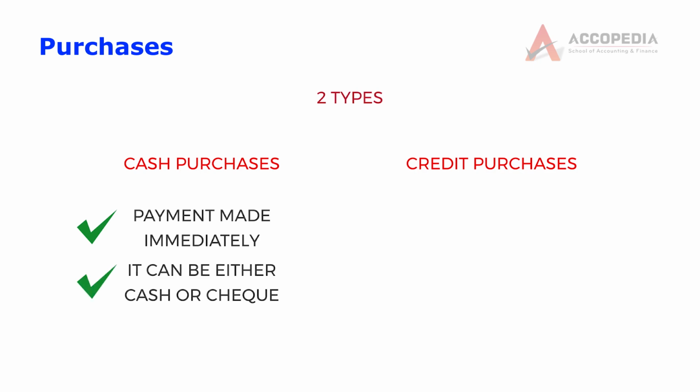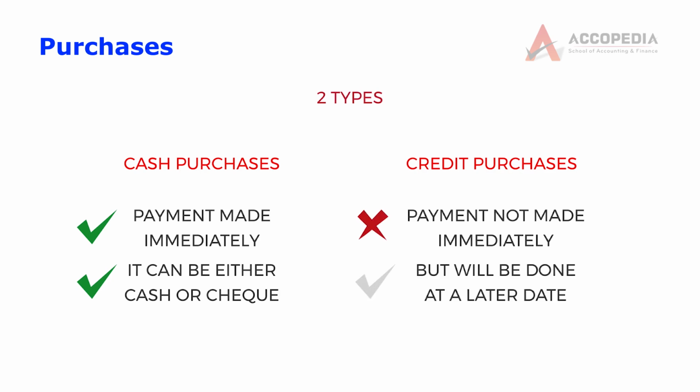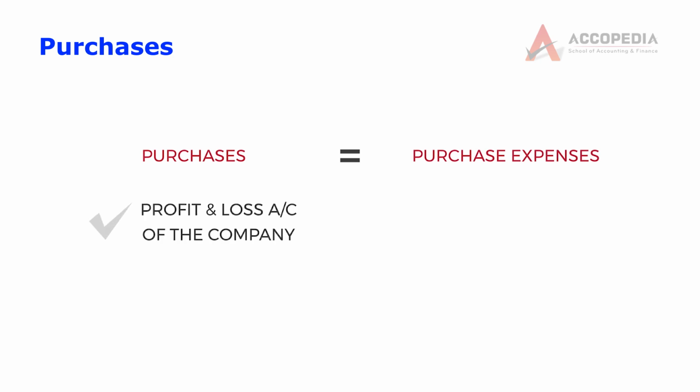The word cash is just used to denote that I have made the settlement immediately. Credit purchase refers to purchase of goods for which I have not made payment and I am going to make payment at a later date. The purchases are also known as purchase expenses, and purchases are reported in the profit and loss account of the company. They are not shown in the asset side of the company.